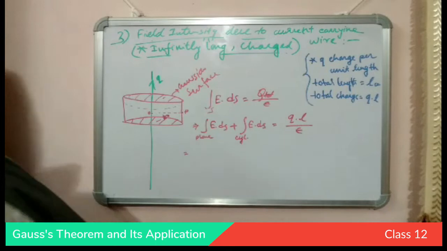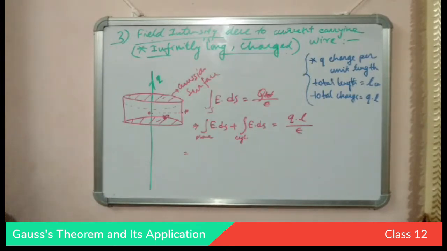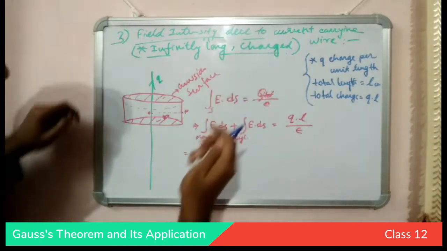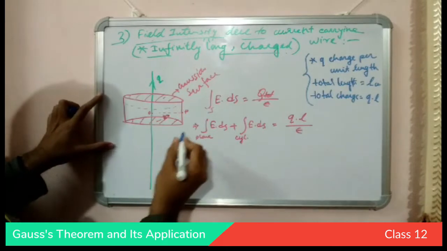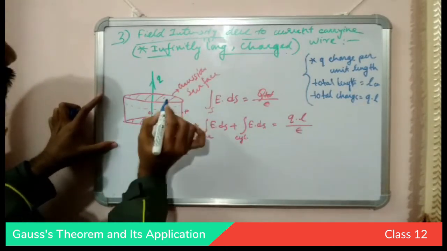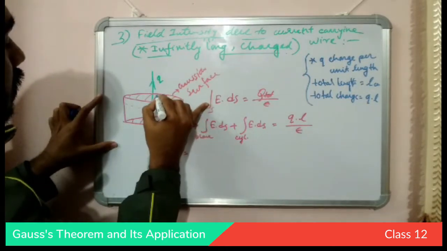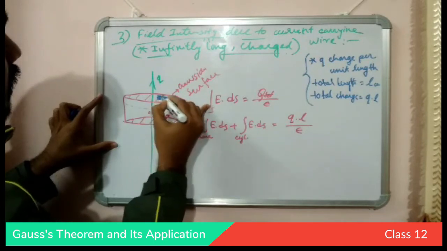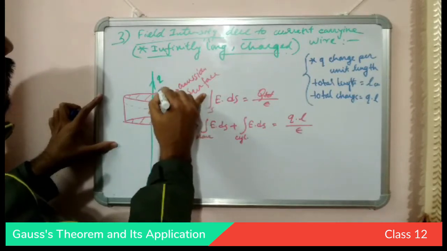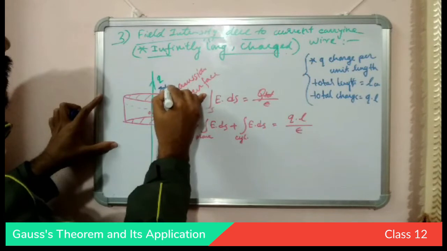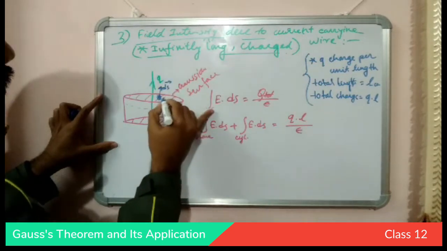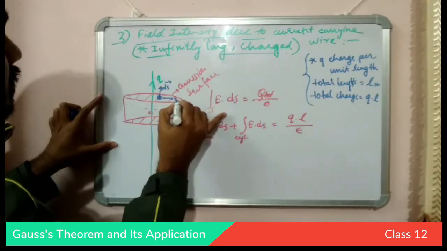So for the plane here, if we consider the area vector, it is directed upward and the electric field is in this direction.